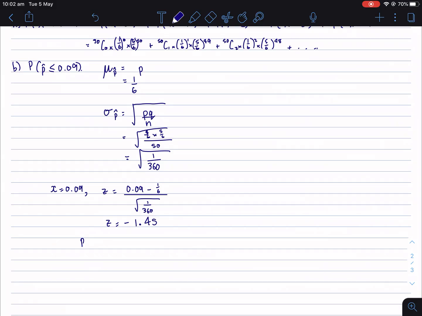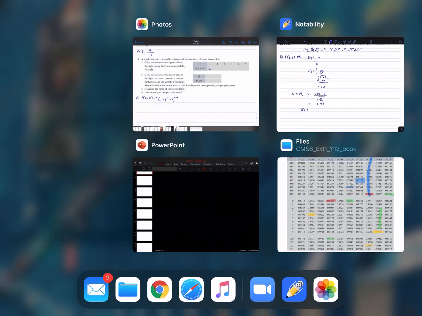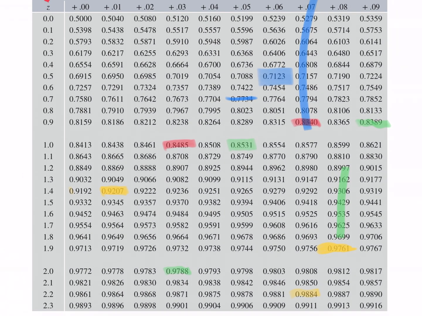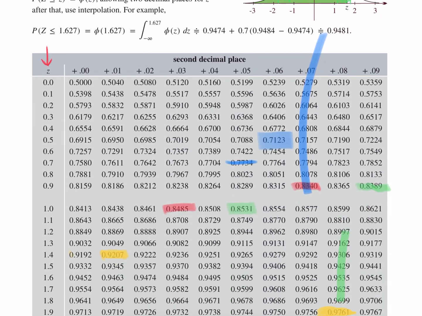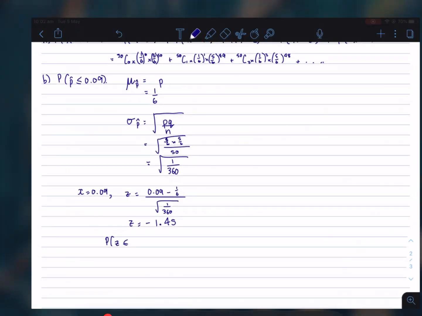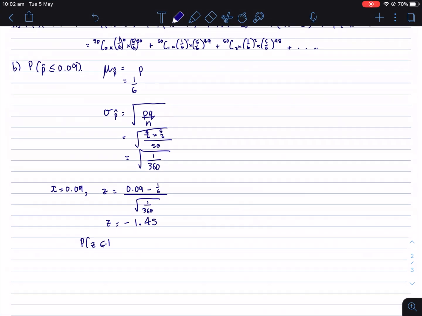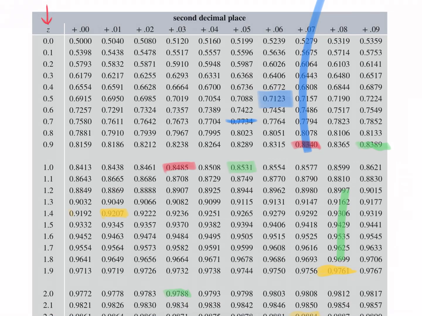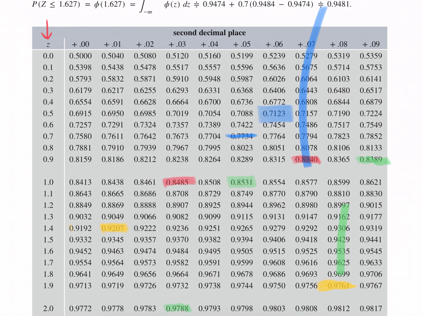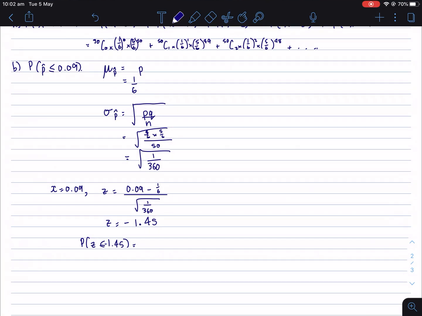So the probability that Z was less than or equal to 1.45 is 0.9265, and that's looking at the tail to the left. We want negative 1.45. I've already forgotten. 0.9265. So P(Z less than positive 1.45) is 0.9265.